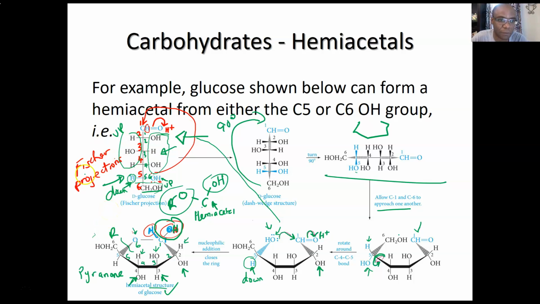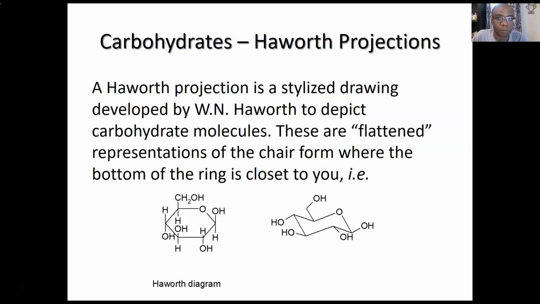So glucose that's on Fischer can be converted to glucose on a chair. And the same chair can be drawn in what we call a Haworth projection, where we just draw the skeleton of the chair on the plane. The Haworth projections look flattened, but again, this looks like a chair and is the best representation of how the molecules will be.